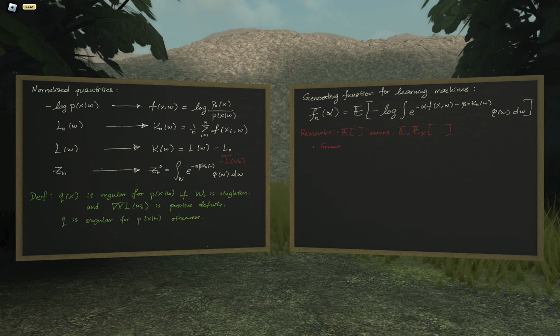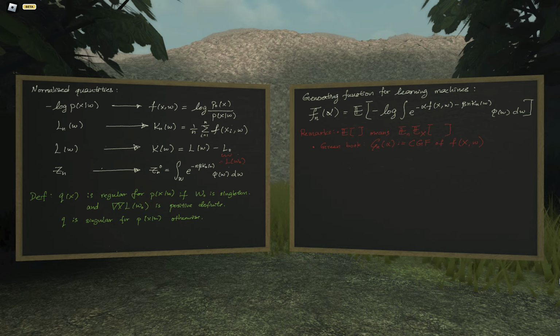But in the Green Book, a different expression is defined: G n of alpha is defined as the cumulant generating function of this random variable.